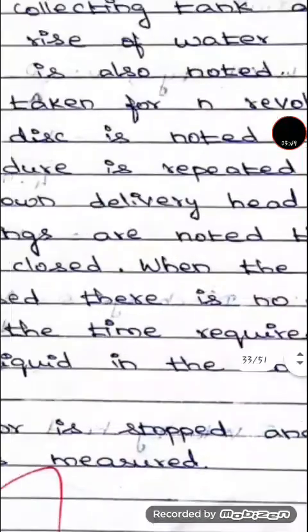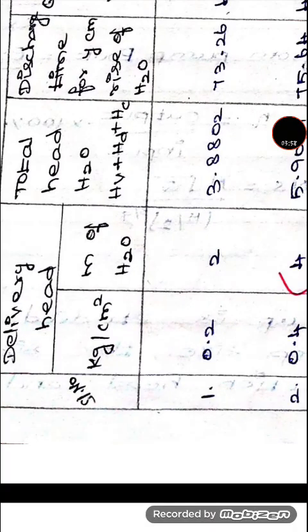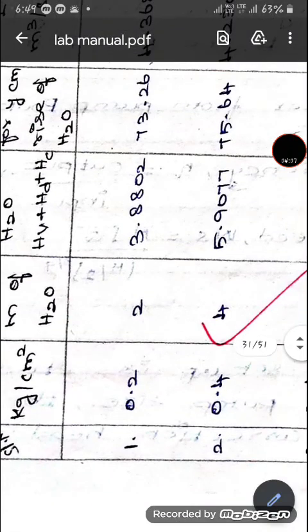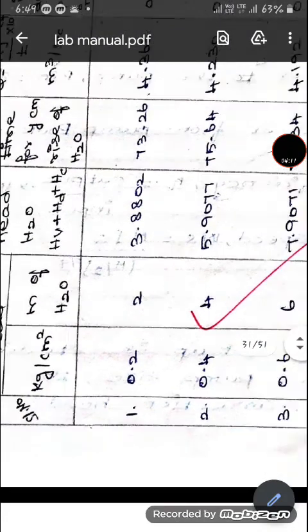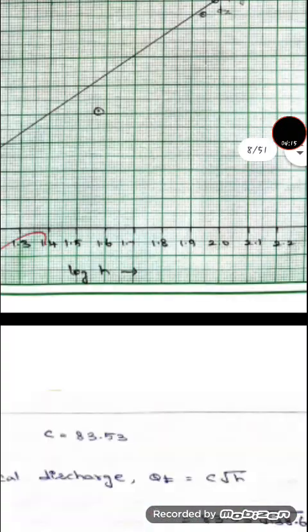The delivery head is calculated from the reading in the table. We took the value in terms of kg per centimeter square, which is multiplied by 10 to get the value in terms of meter of water. So 0.2 into 10 gives the value 2 meter of water. That has been substituted here as the delivery head.